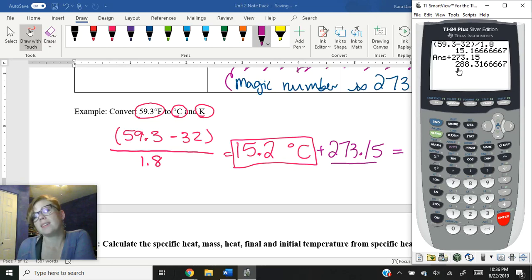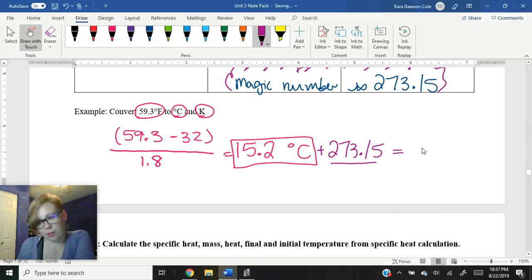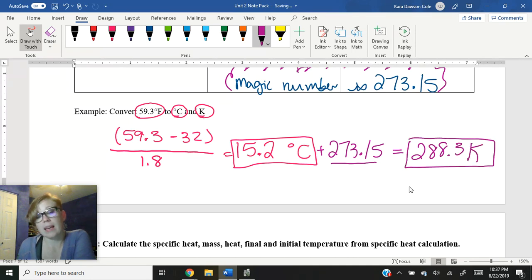And that's going to give 288.31667 Kelvin. Now, notice this place. This is the place that I want to round to, because I'm adding and subtracting. So 288.3. And that is how you convert between units of temperature.